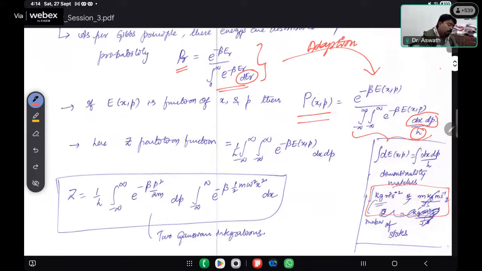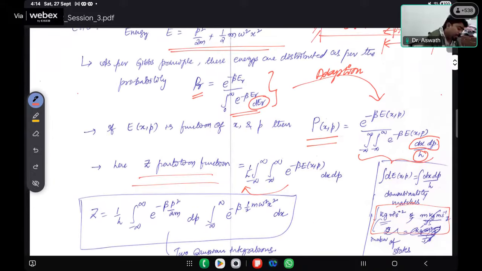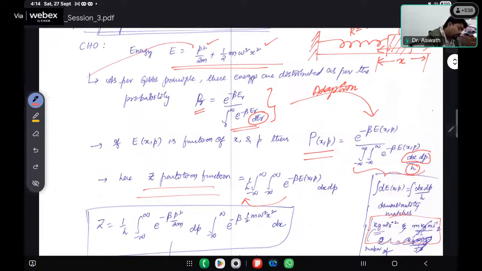So that 1 by h, you just bring it outside of the integrand, and see carefully, in the denominator, that is the partition function. I'll try to find out what the partition function is. So explicitly substitute what E is. We know E, just substitute here.